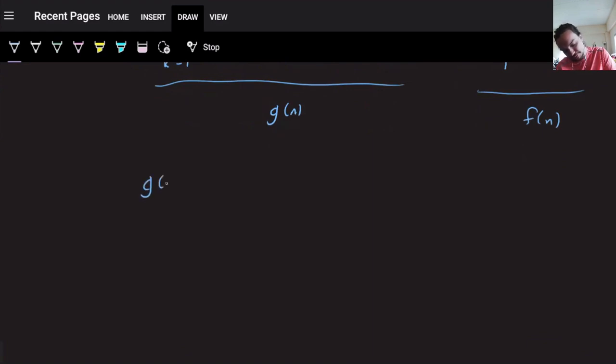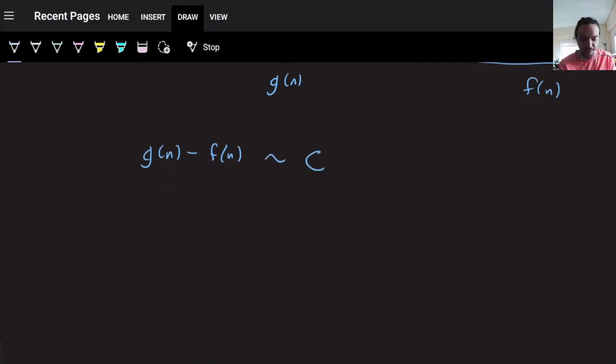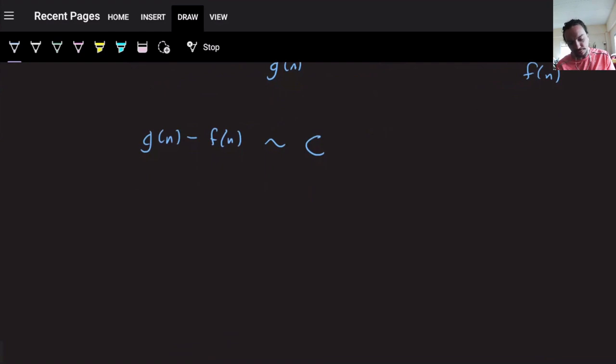So if g of n minus f of n is always less than or equal to a constant, or, I'm going to say, about equal to a constant for large n, then if I take e to both sides, they're going to be separated by a constant. What I should say is that this difference is converging to a constant as n goes to infinity. And so if I take e to both sides, that converges to a constant.